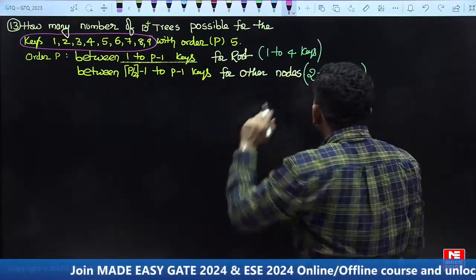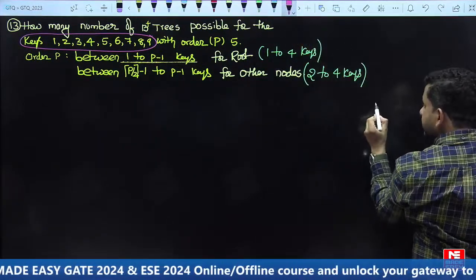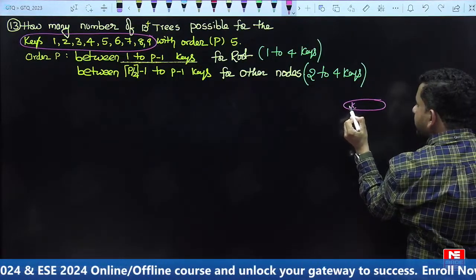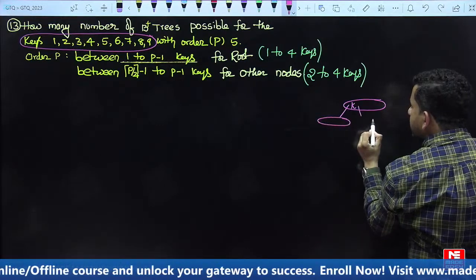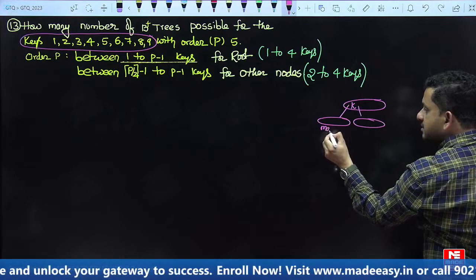First of all, a total of 9 keys are given. If I take only one key at the root level, all the keys should be at the leaf level, so here I can take a maximum of 4 keys.